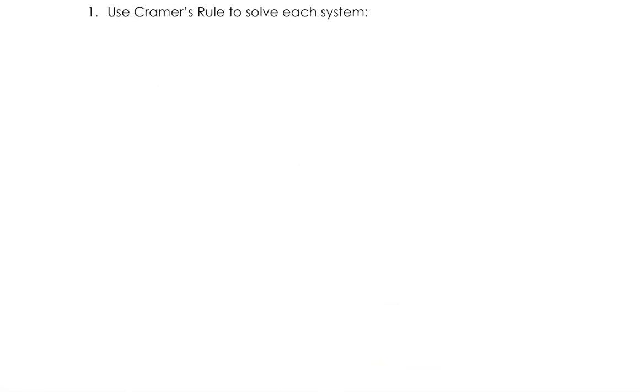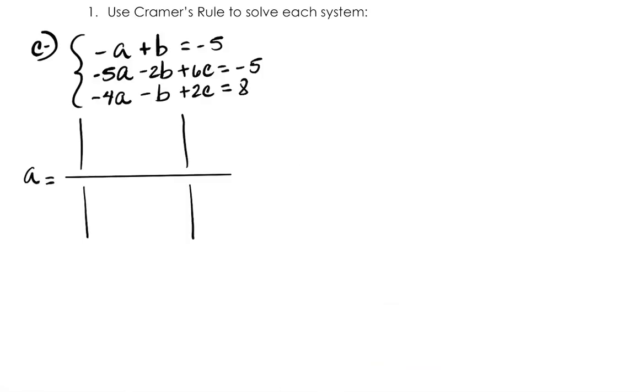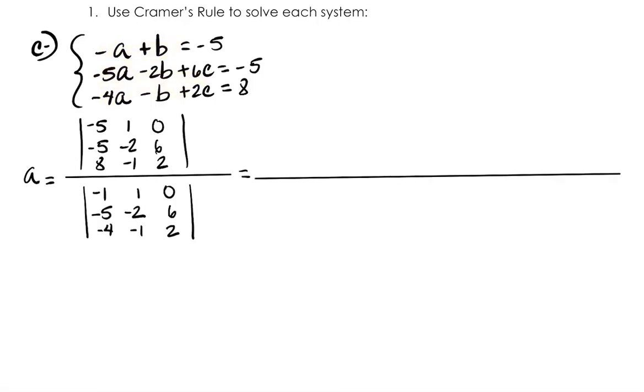Now let's move on to part C. Let's begin finding a. Place the solution values in the first column and divide the determinant by the determinant of the whole system. Now let's solve the determinants. We'll have -5 that multiplies the determinant of these 4 terms, minus 1 that multiplies the determinant of these 4 terms, plus 0 times the determinant of these values.